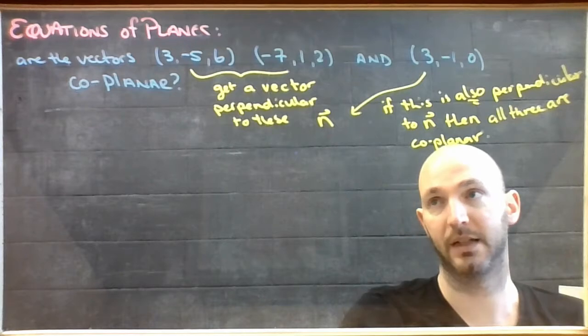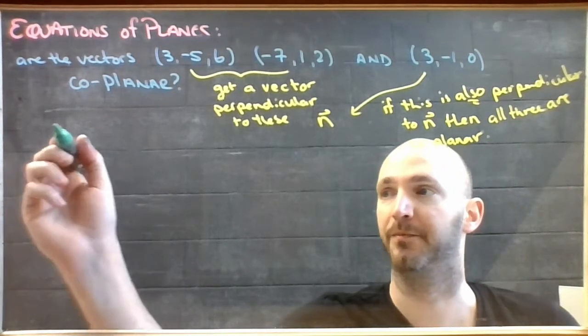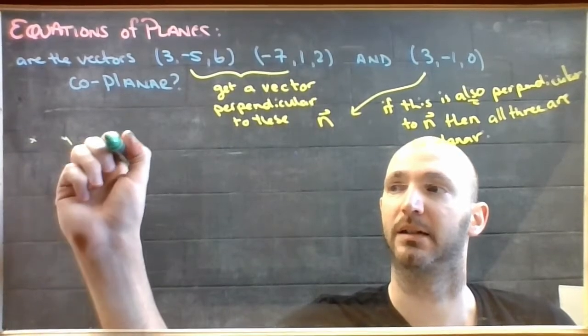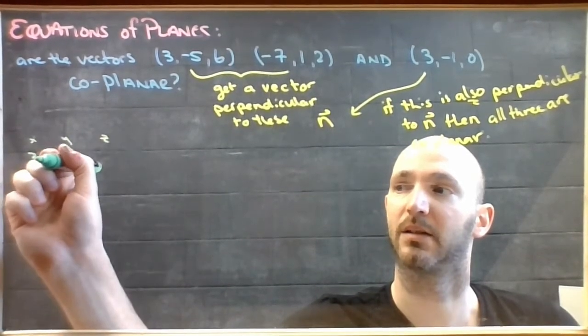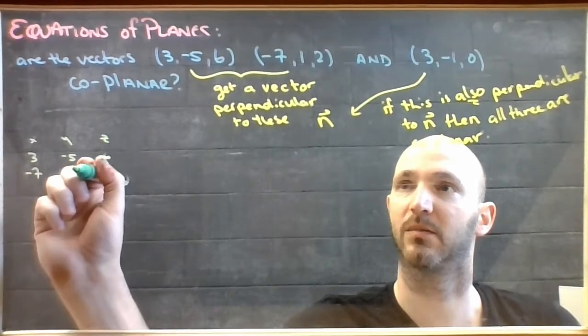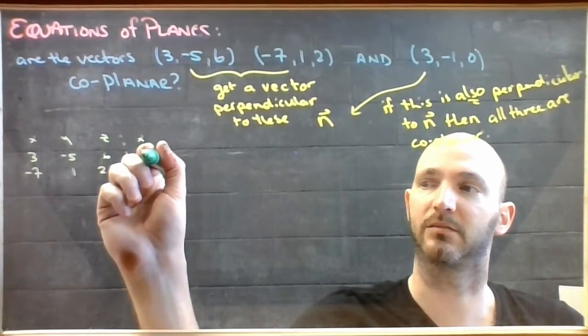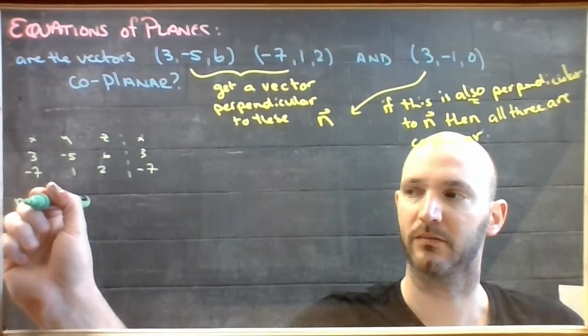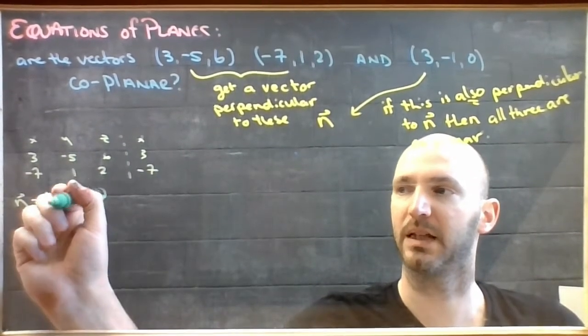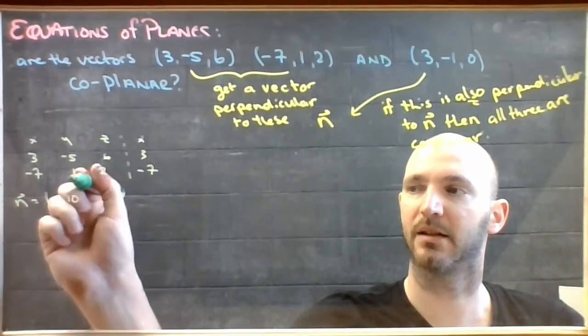First thing I'm going to need is my cross product in order to make this normal vector. So x, y, z, 3, -5, 6, -7, 1, 2. Copy the x for convenience. So n will be: -5 times 2 is -10, subtract 6, that's -16.